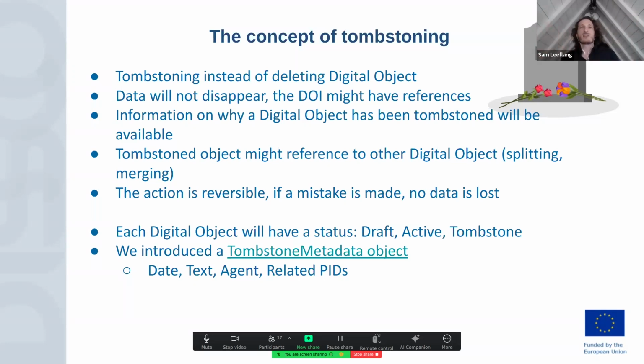And we'll also put it in the data at the top, so that people actually know they're looking at a tombstone record, but all the information is still there. And if the DOI has been used in a publication, you can still go back and see why that specimen has been tombstoned, and if you now should use any other PID for the specific digital object.